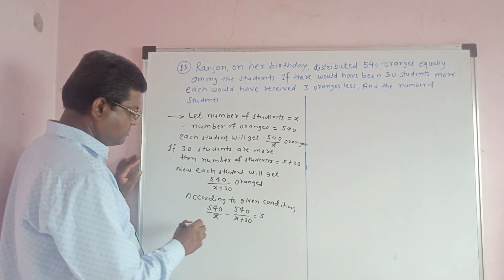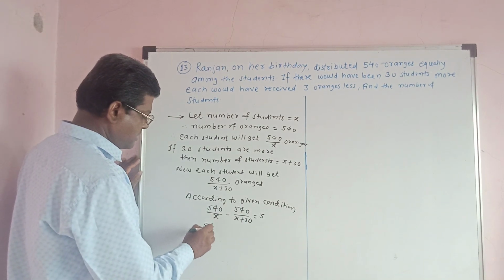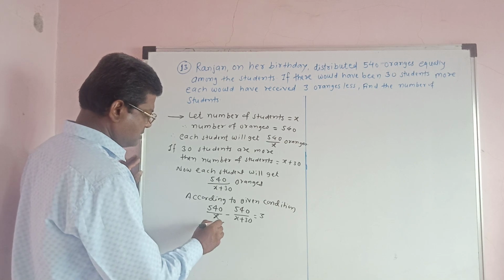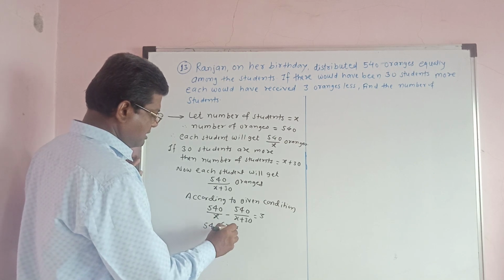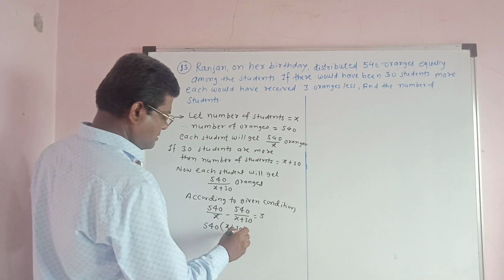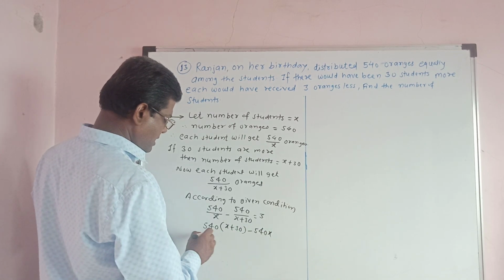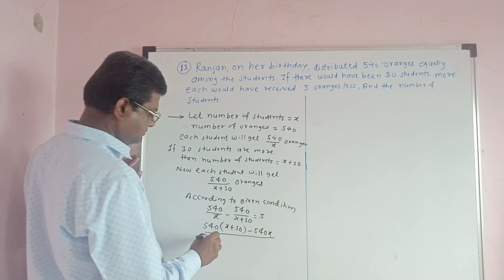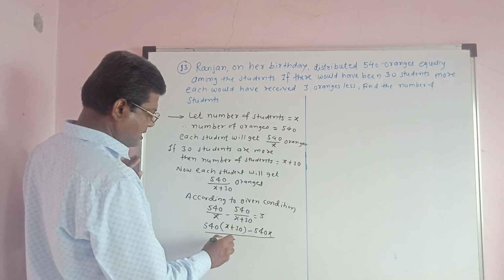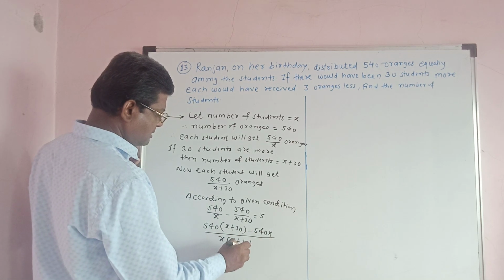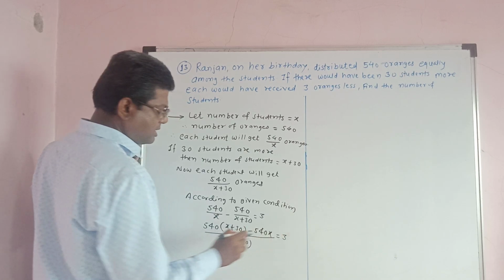Now take cross multiplication. 540 in bracket x plus 30 minus 540 into x upon x in bracket x plus 30 is equal to 3.